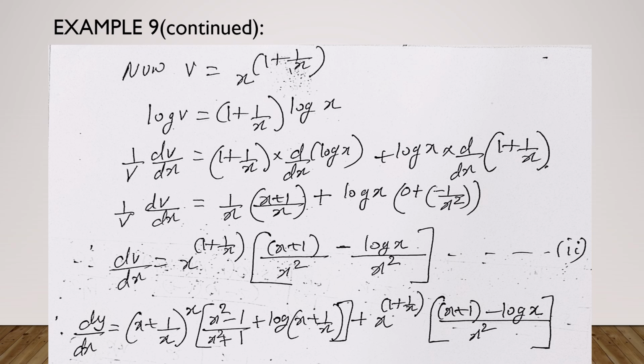So similarly, we find dv by dx, which is x raised to 1 plus 1 upon x into x plus 1 upon x square minus log x upon x square. Put both the values, you will be getting dy by dx is du by dx plus dv by dx.